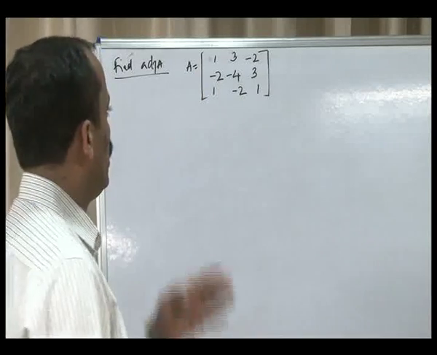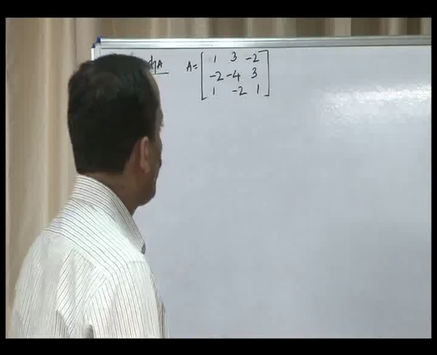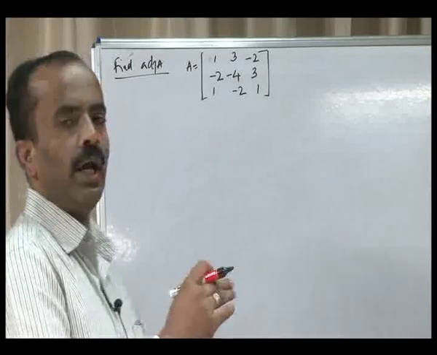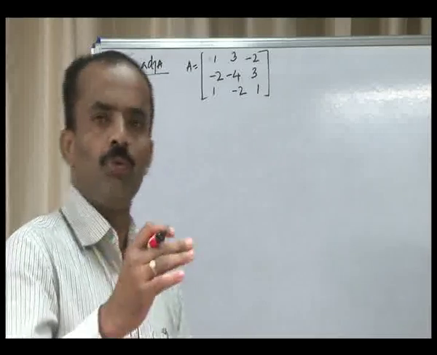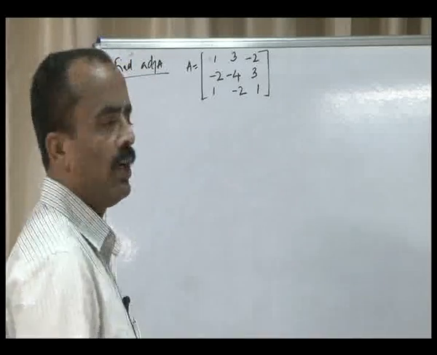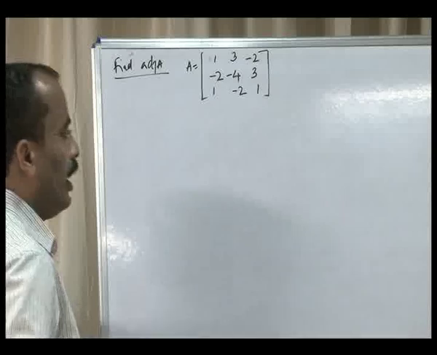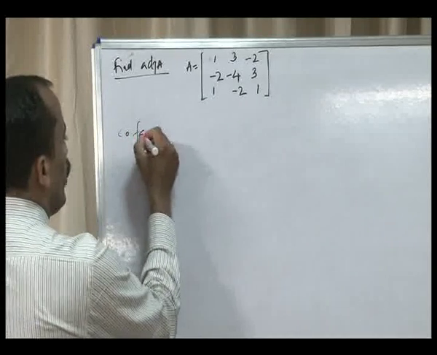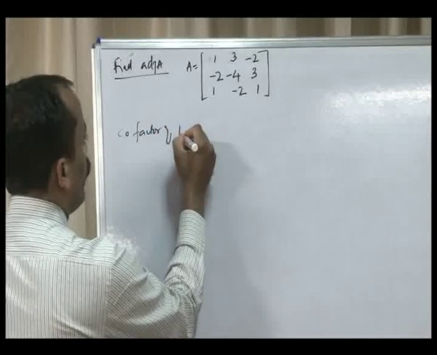Adjoint of a matrix means, first of all, we have to find the cofactor for each and every element in the matrix. Then we write the cofactor matrix, then we transpose the cofactor matrix, and we get the adjoint of the matrix. Let us go for finding the cofactors.